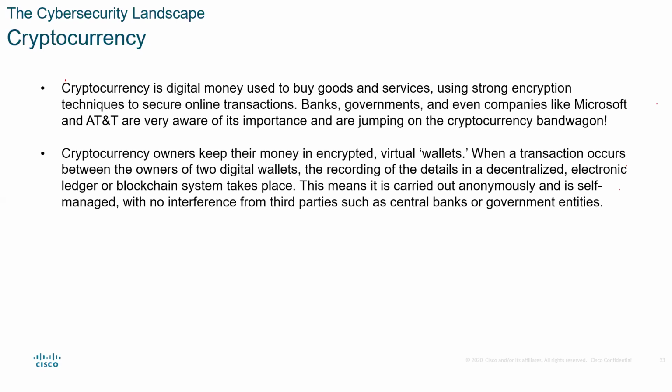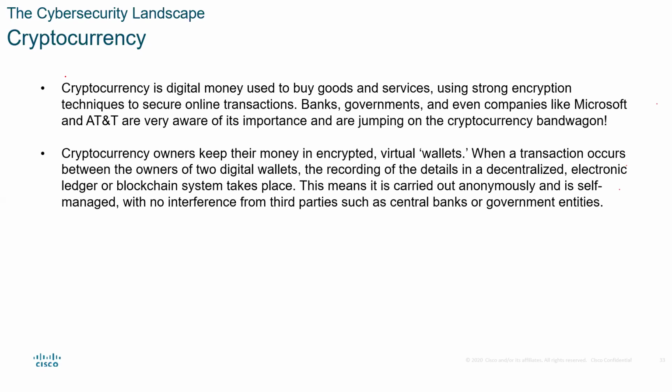Cryptocurrency owners keep their money in encrypted virtual wallets. When a transaction occurs between the owners of two digital wallets, the recording of these details in a decentralized electronic ledger or blockchain system takes place.